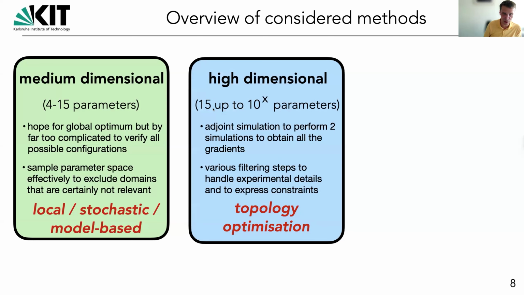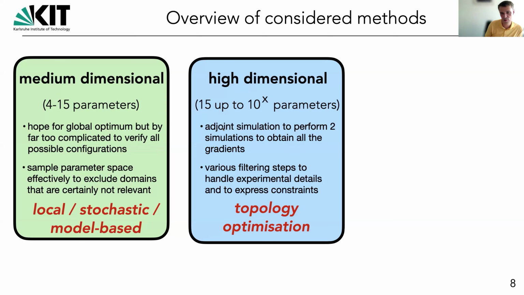For these very high dimensional problems, we can speak maybe of up to 10 to the power x parameters, where x can be in the order of 6 or 7. A global optimum will not be found, but then local gradient-based optimization techniques are feasible. A key aspect here is that of the so-called adjoint simulations, where in essence we can do 2 full wave simulations: one of the forward problem, and the second of the so-called adjoint problem.